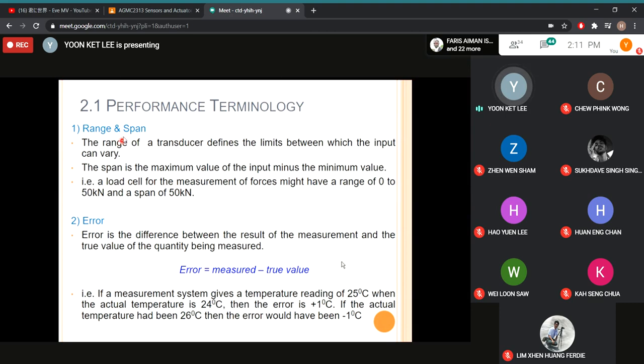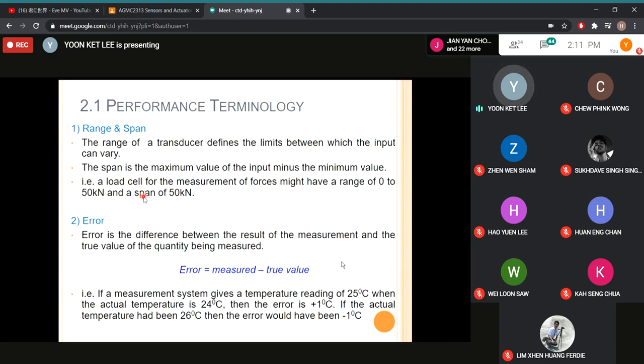Do you think you can use this sensor if its specification only goes up to 50? Definitely no, because you are out of the range and it will give you an error reading. So you need to understand what the range means.